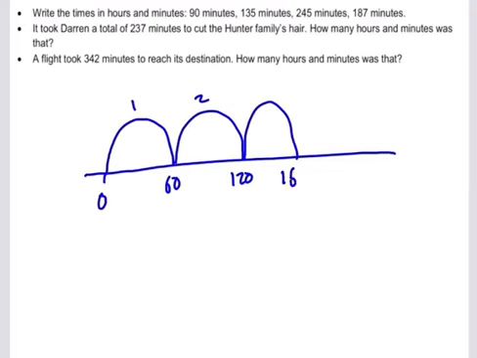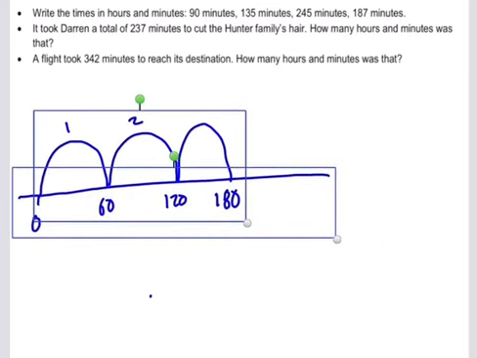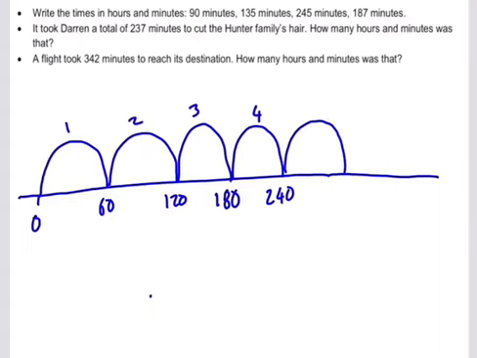In 180 minutes, it had done 3 hours. In 240, it had done 4 hours. In 300 minutes, it had done 5 hours. If I do another hour jump, it will get to 360.